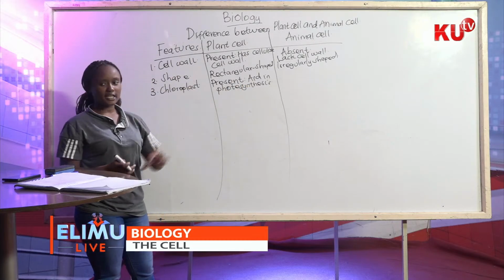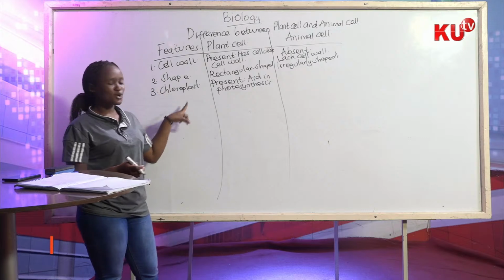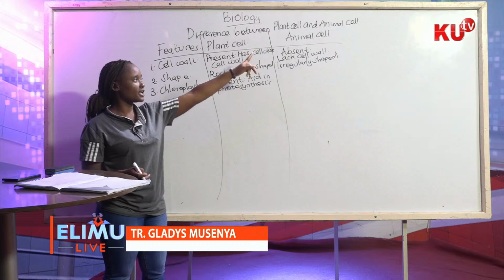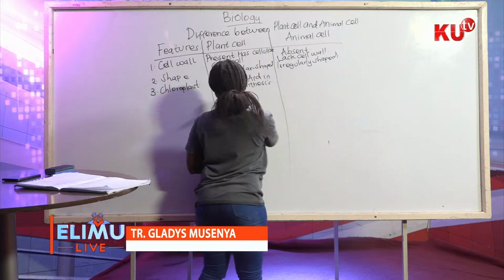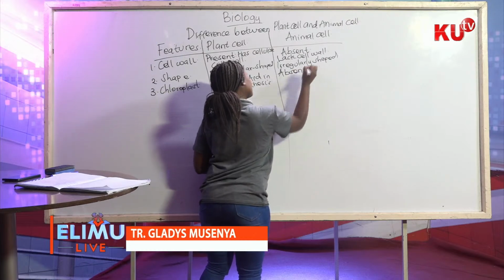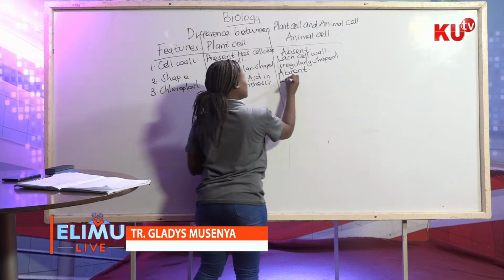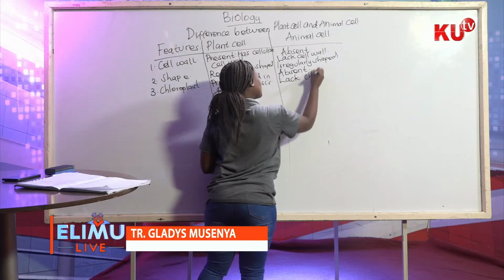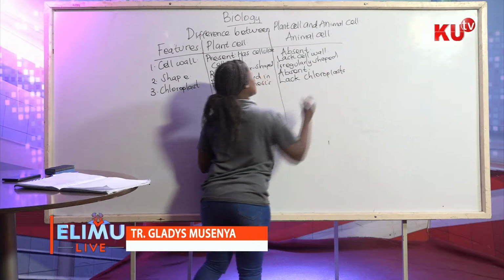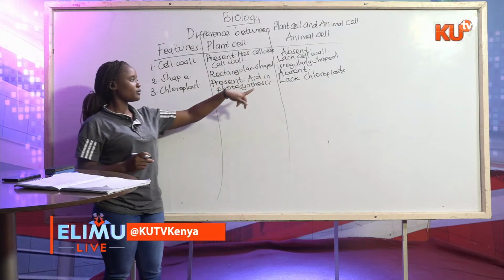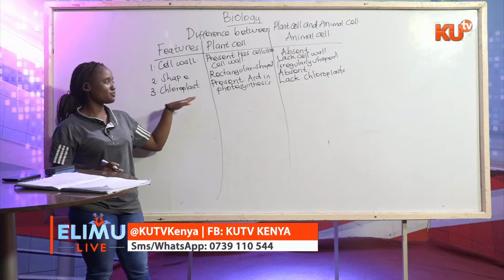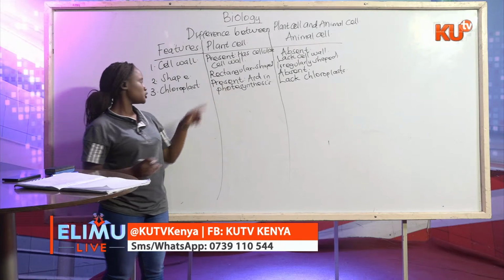In animal cells, because we do not need chloroplast in making food, we do not have leaves. So in animal cells, the chloroplast will be absent. They lack chloroplast.